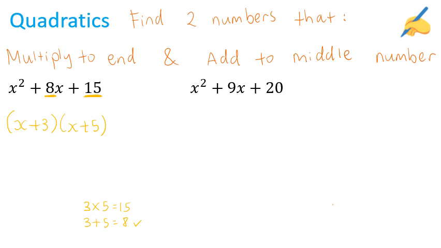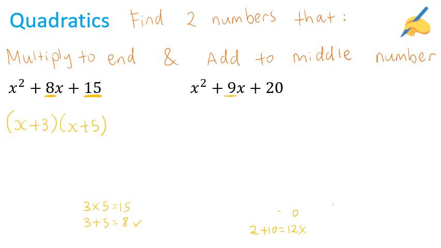All right, next example, x squared plus 9x plus 20. So let's think what numbers can multiply to 20. I could have 2 times 10, that equals 20. But if I do 2 plus 10, that equals 12. I actually need it to equal 9.